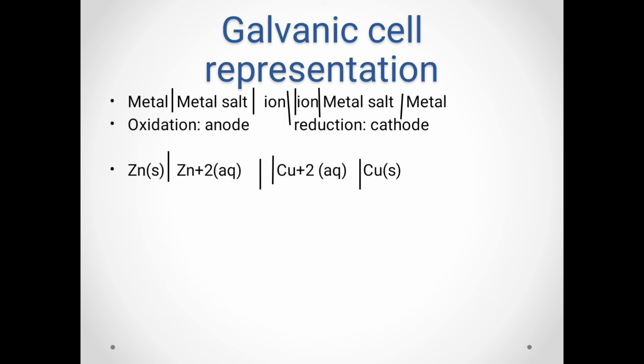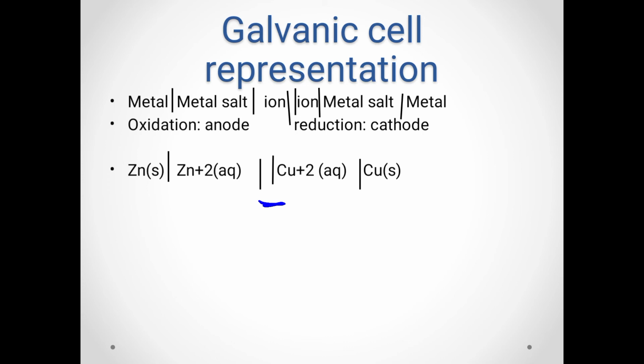So here you see this is your metal zinc, then the metal salt which is in the +2 state. Then you have your ions, here your salt bridge, again you have your copper sulfate salt, where copper is in the +2 state, and then again your metal, that is copper.